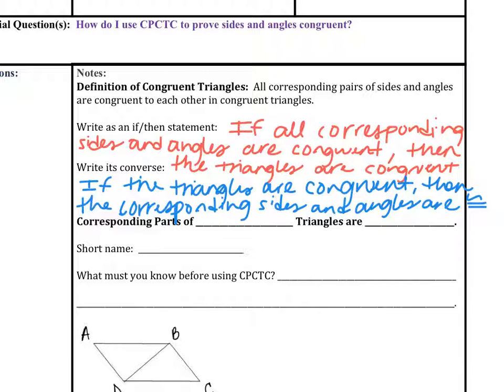And I'm going to use the congruent symbol instead because I'm out of room. So your converse again is, and please get this down, if the triangles are congruent, then the corresponding sides and angles are congruent.